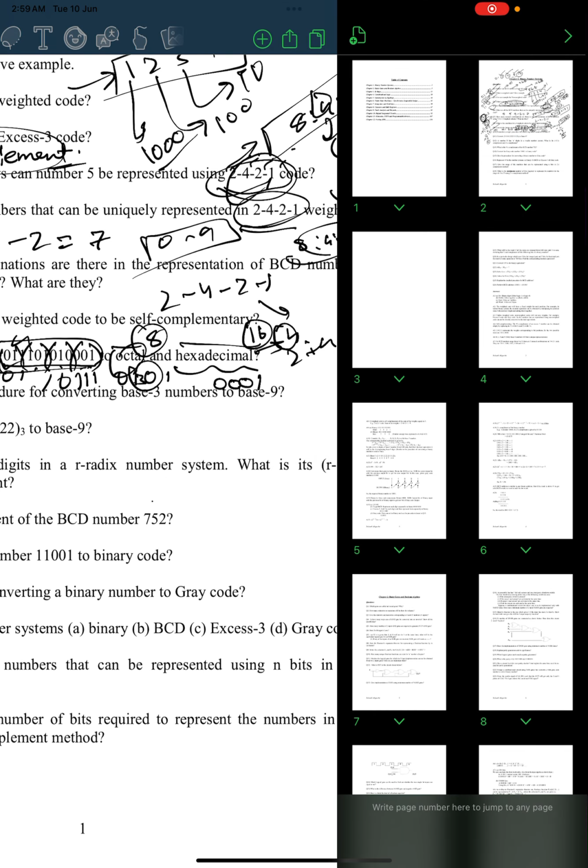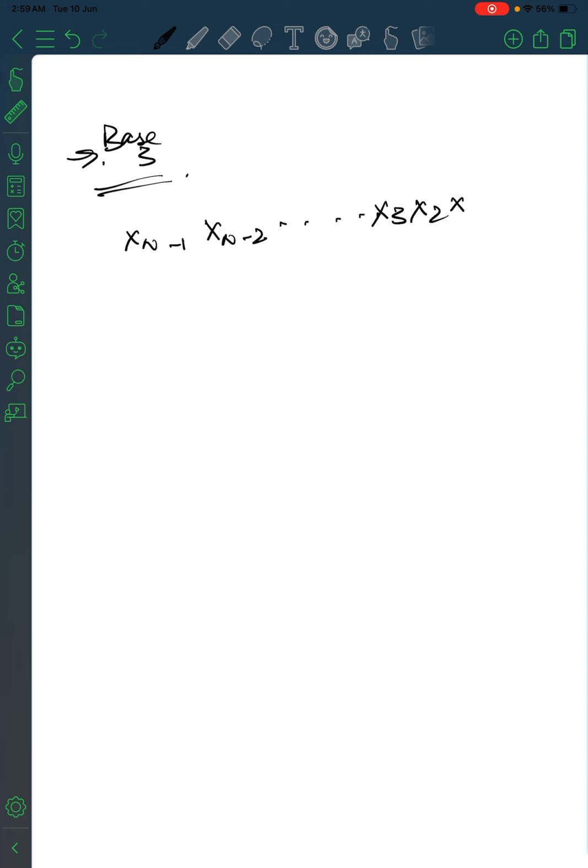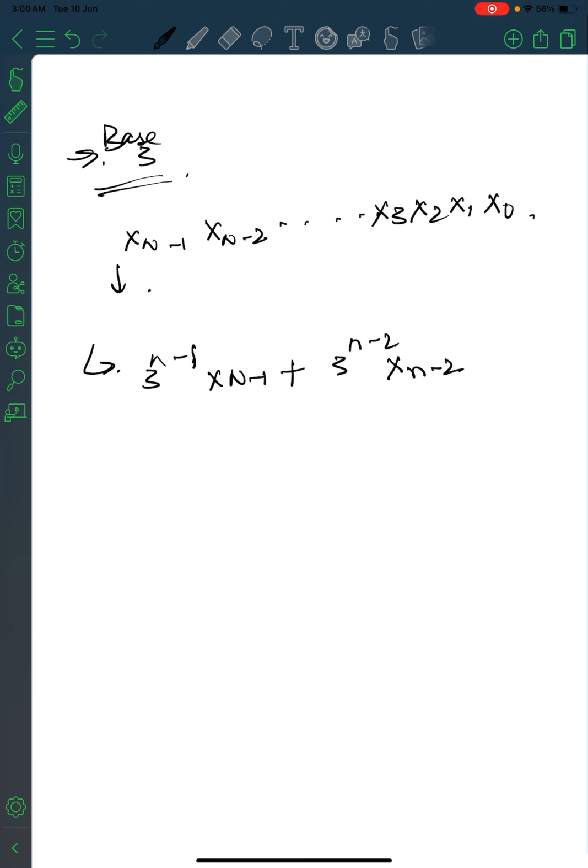So basically, representing a base 3 number. We have x(n-1), x(n-2), and so on, x3, x2, x1, x0, and the corresponding decimal equivalent is given by 3 to the power of n-1 into x(n-1) plus 3 to the power of n-2 into x(n-2), like the decimal equivalent, and so on.